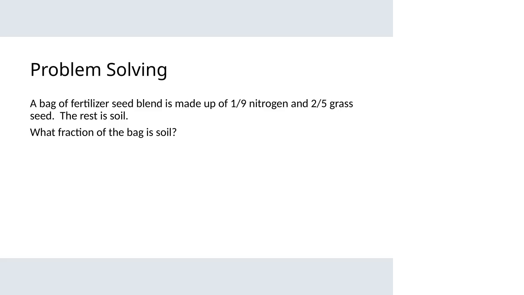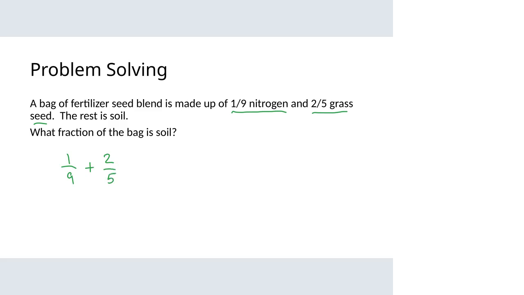The way we're going to go about this is figure out what fraction of the bag is not soil first. As we look at this bag, 1/9 of it is nitrogen and 2/5 is grass seed. So we can add those together. We can do 1/9 plus 2/5.